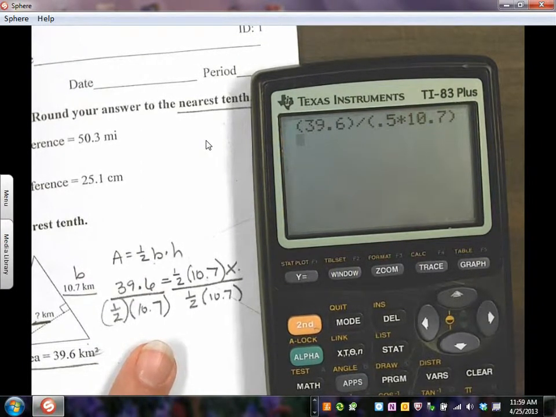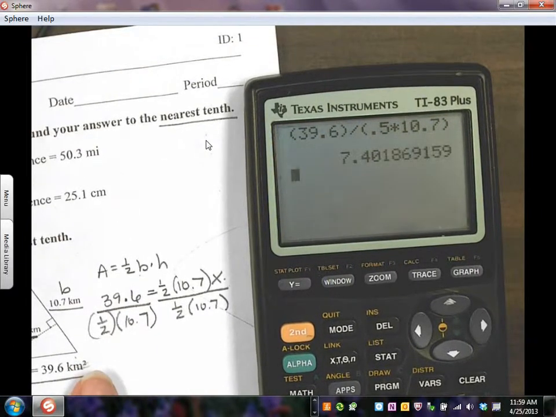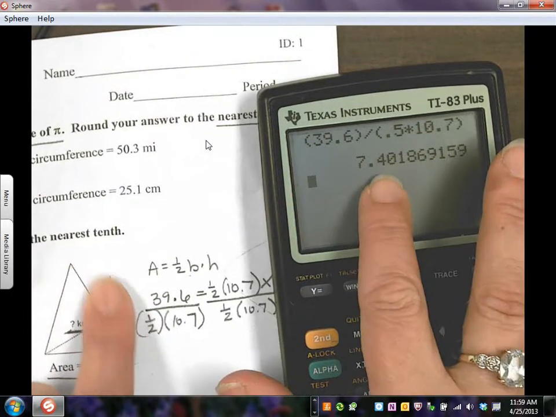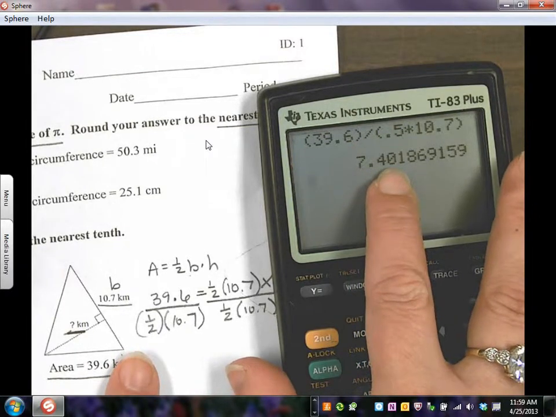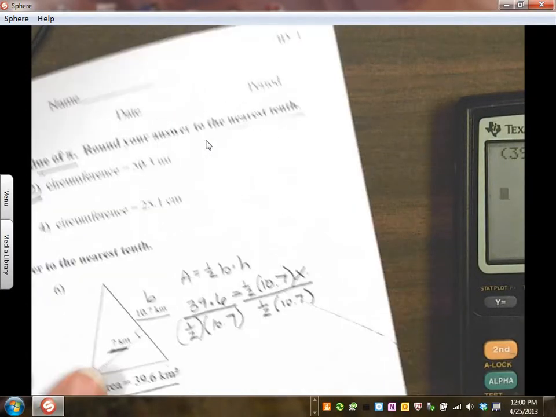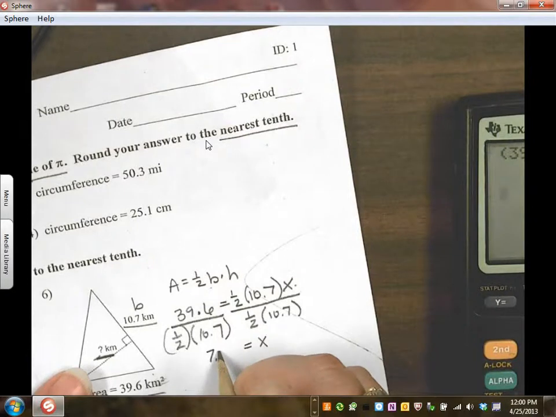Does that make sense? 1/2 is 0.5, and I'm multiplying these two things together in the denominator, and we get 7.40. I'm rounding to the nearest tenth, so that means I want to look at the 4, look just to the right. It's a 0, it's not a 5 or more, so my answer is going to be 7.4. So my x equals 7.4.